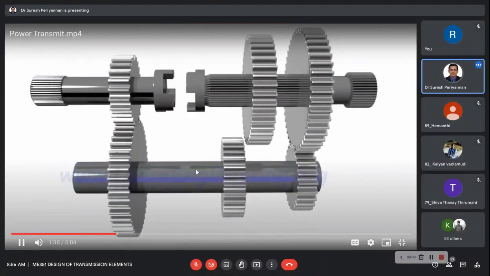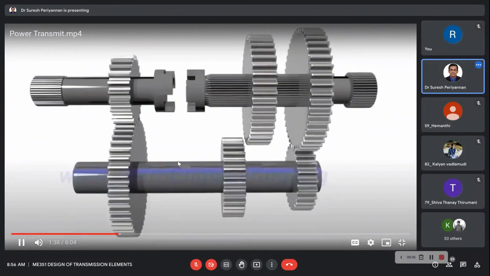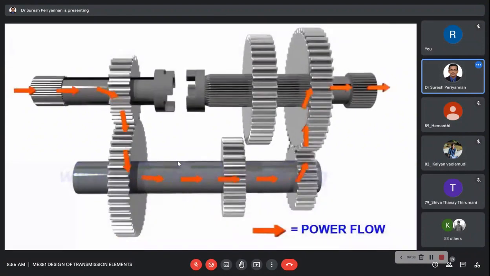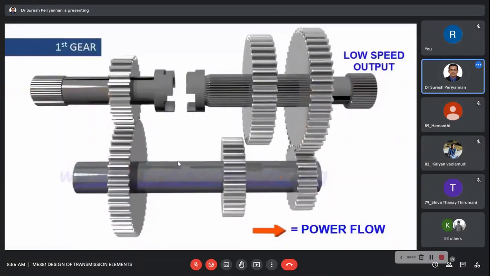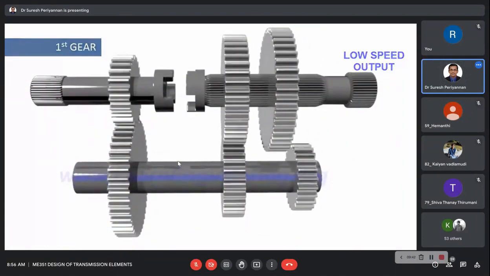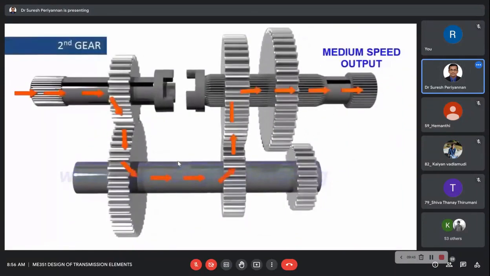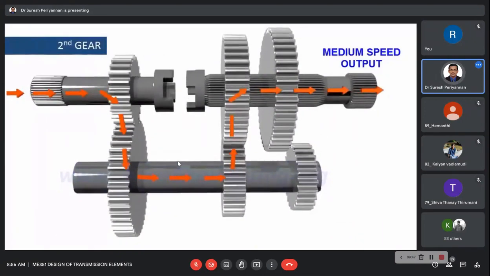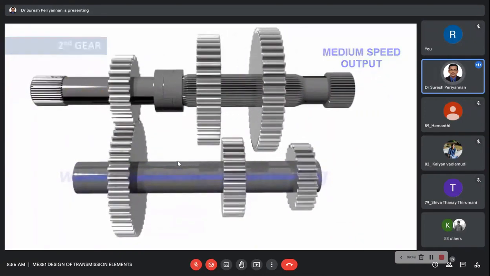A three-speed mechanism will look like this. It is clear that just by sliding the gears, we can achieve different transmission ratios. This transmission is more specifically called a sliding mesh transmission.